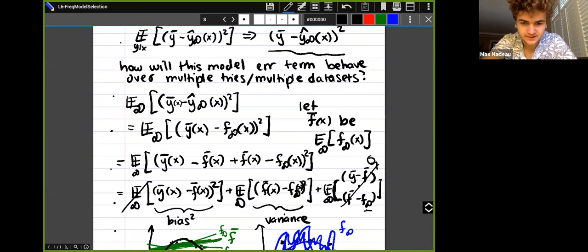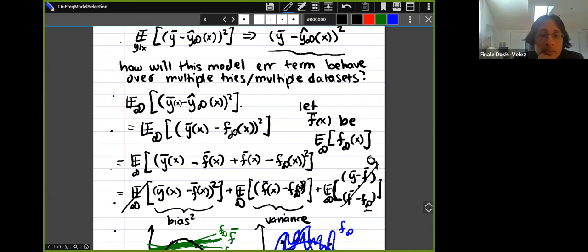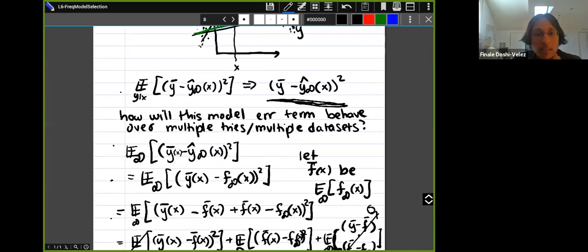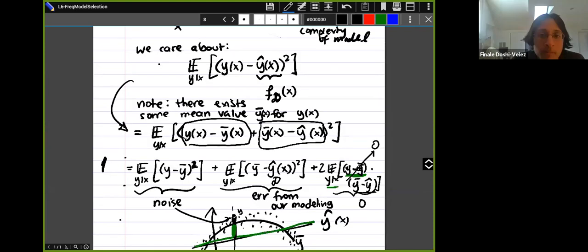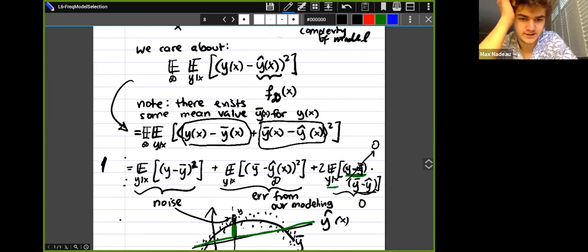So that was when I was starting to analyze this second term. Actually, I could have done it from the beginning, now that I think about it. So we could have said that we care about this expectation as well, the error over possible data sets as well.